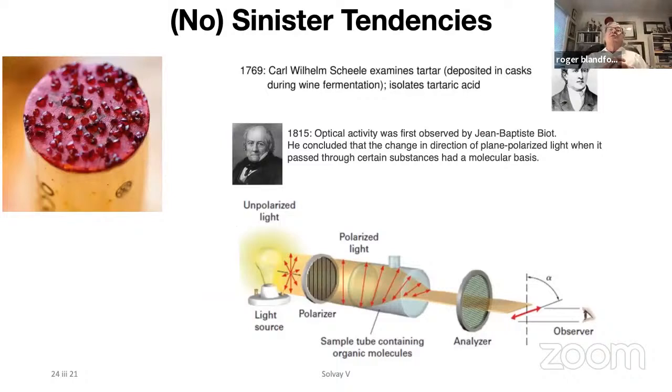Now, if we go back to biology and chemistry, the story is, of course, long and very interesting. Just a few highlights about it. Pasteur looked at tartar and essentially isolated tartaric acid in the 18th century, and then in 1815, Jean-Baptiste Biot, who was a physicist, discovered what we call optical activity.